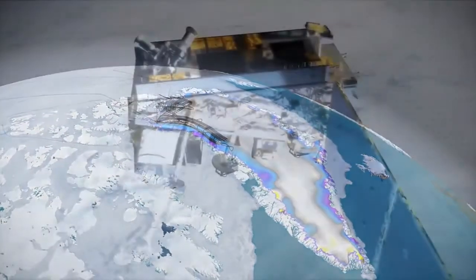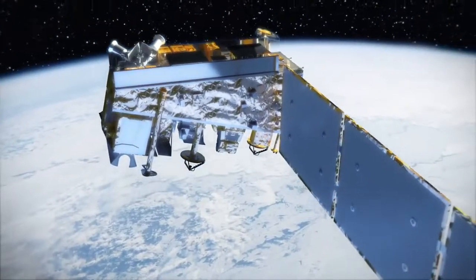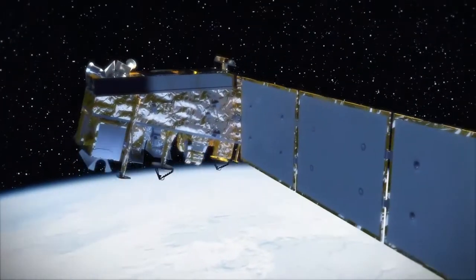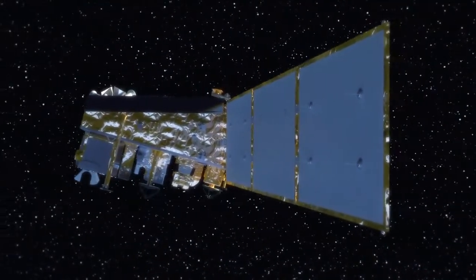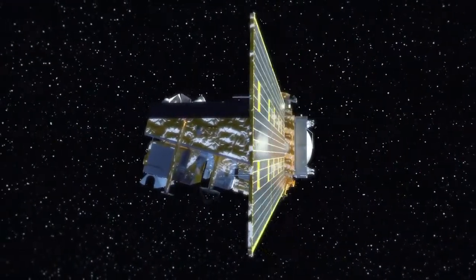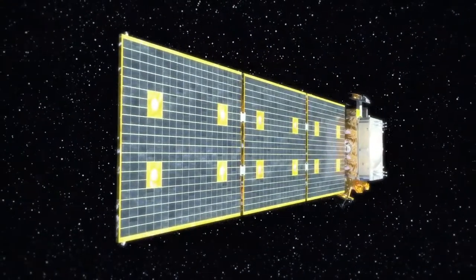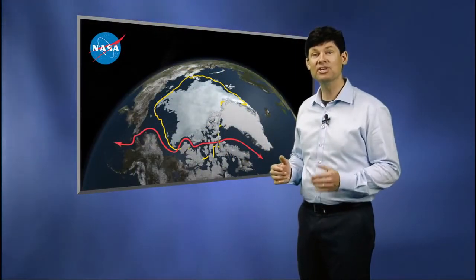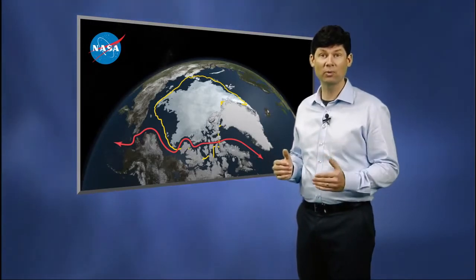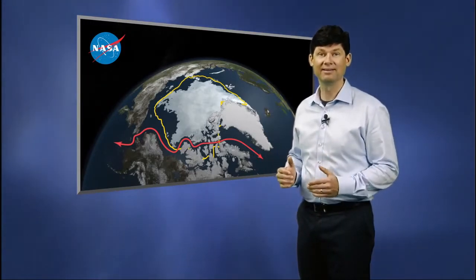Instruments that can measure the surface of the ice. We also have things like radars that can penetrate the ice and map the bed underneath it. But probably the most important and unique thing we do is study the ice with satellites. And we need to use satellites because these polar ice sheets are so vast, you need a satellite to get the coverage. And next month we're going to launch the next polar orbiting weather satellite called NPP.